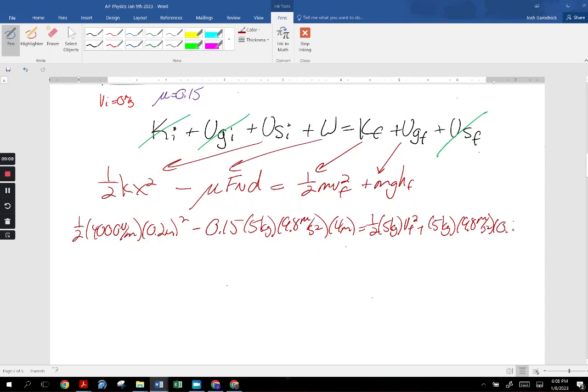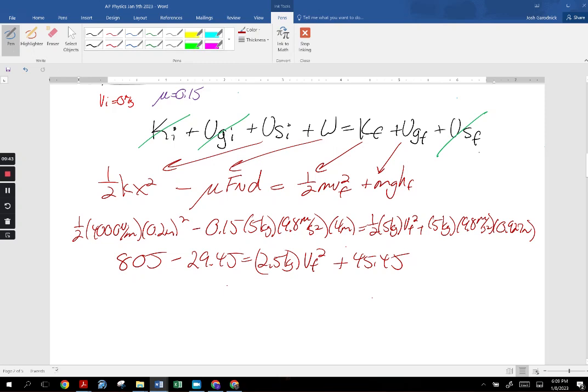Never just get an answer here because neither of us will be able to figure out what's going on if you got it wrong. So 2,000 times 0.2 squared gives us 80 joules of energy minus the work done by friction, times 5 times 9.8 times 4, which is 29.4 joules. Afterwards, we have 2.5 kilograms final velocity squared plus 49 times 0.927, which is 45.4 joules.